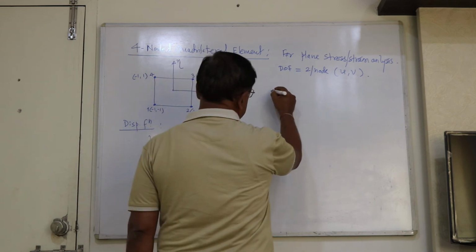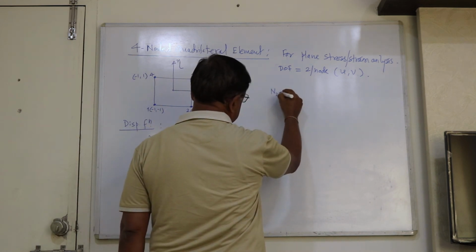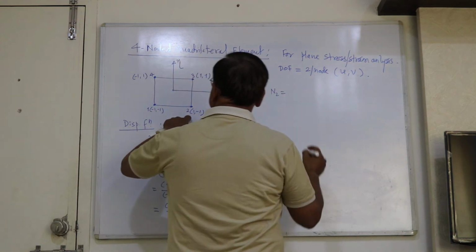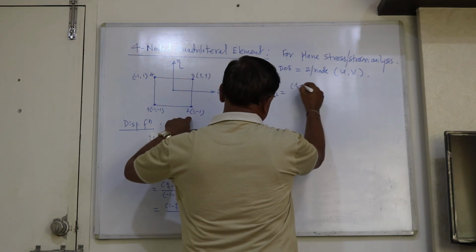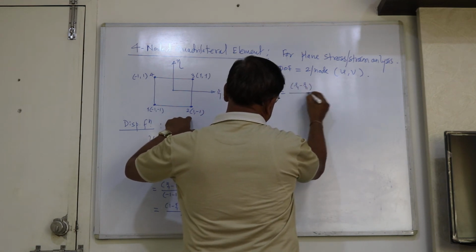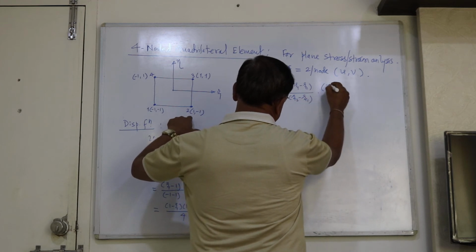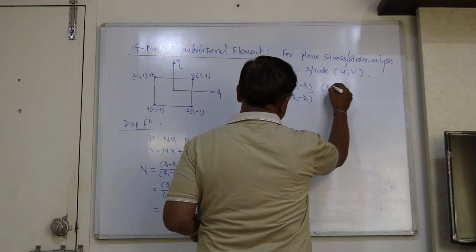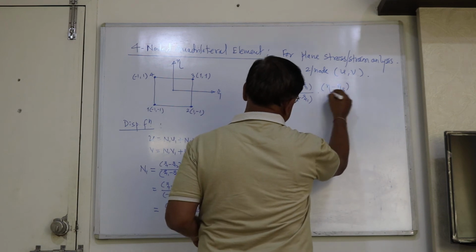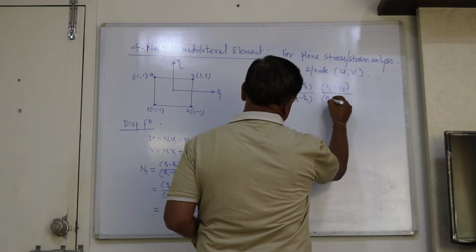Similarly, let's find the next shape function N2. In the xi direction we have xi minus xi1 divided by xi2 minus xi1. In the eta direction, eta minus eta3 divided by eta2 minus eta3.